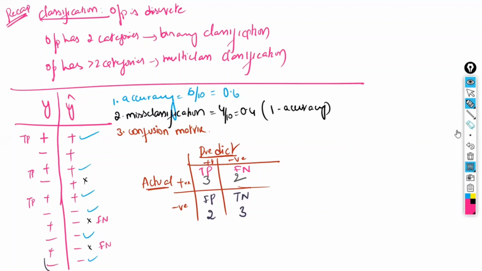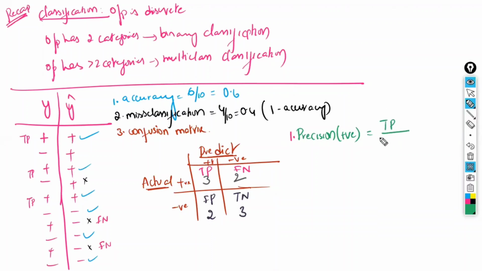Is that clear? Does anyone have any questions up to here? No, right? So now we have TP, FN, FP and TN. Using these 4, I have designed the confusion matrix. After designing the confusion matrix, I'm going to calculate the first one, precision of positive, which is nothing but true positives divided by predicted positives.